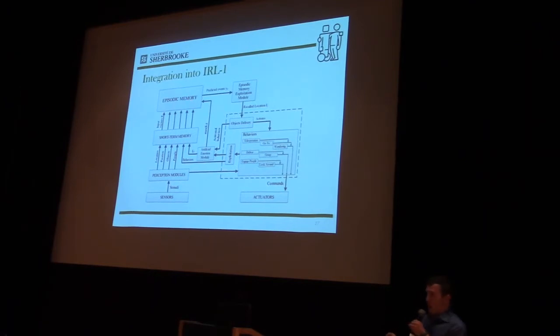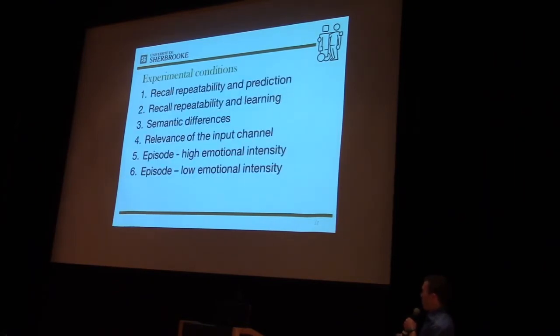Once we have predicted events, we send them to our task, in this case the object delivery, that activates different behaviors based on priorities, which send commands to actuators. Those behaviors also send information to our artificial emotion module that influences the episodic memory.